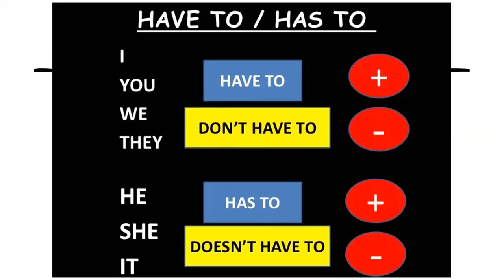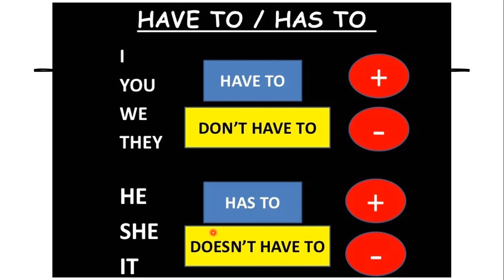And we have he, she, it. When you have he, she, it, you are going to use has to or doesn't have to. Here, we're not saying has to because we have the auxiliary in negative, okay? So if you have the auxiliary, do not use has in this part.